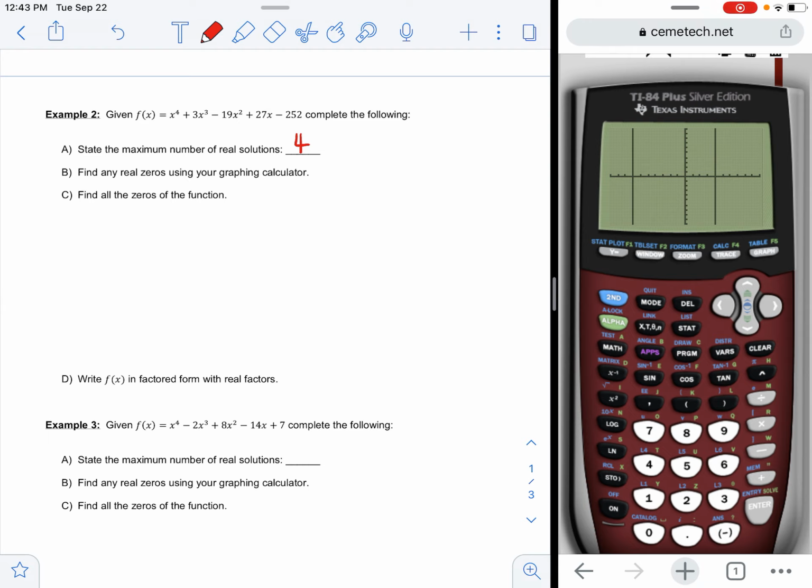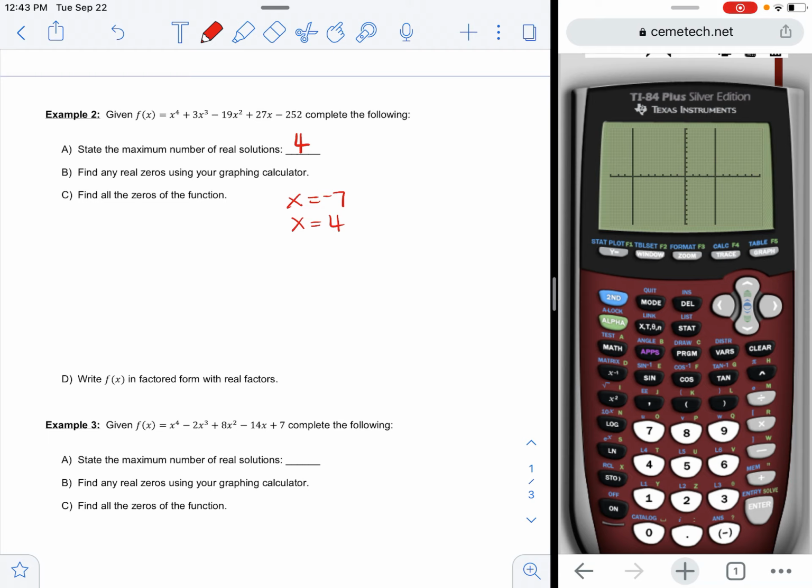Okay, so it looks like I can see 2 zeros right now. So the one on the left looks like it's at -1, -2, -3, -4, -5, -6, -7. X equals -7. And the other one, x equals 4. So I have 2 zeros so far that are real.